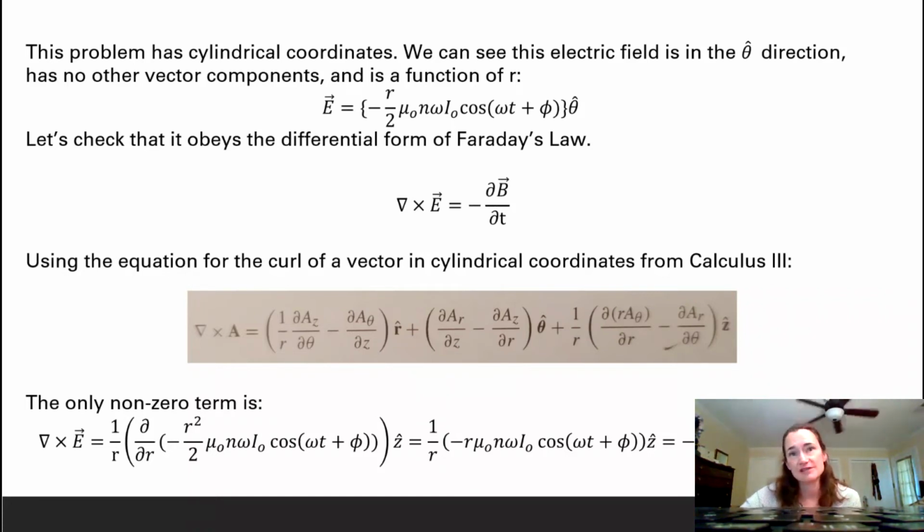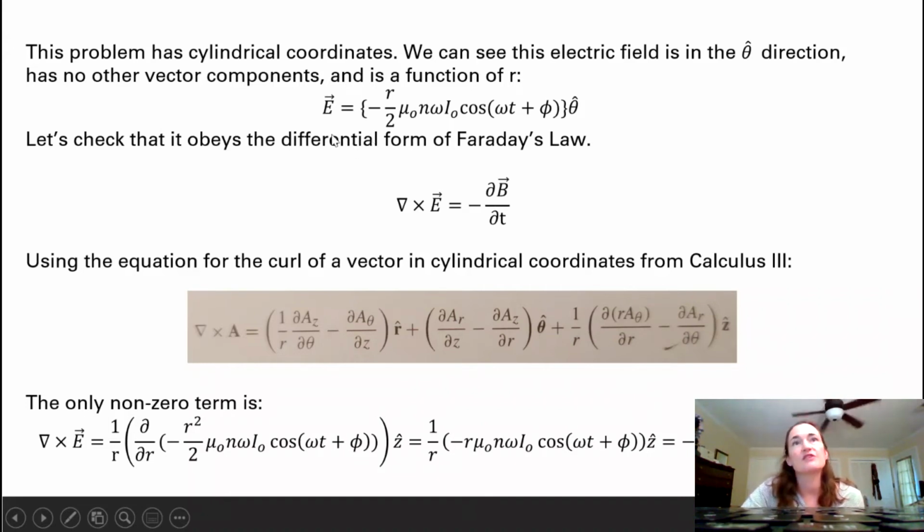Now, this one leaves it generic and calls it A, okay? Ours is E. We're going to find the curl of our electric field. So now I'm taking the function that I've defined up here for E, and I'm taking the curl of it according to this equation right here. We can see that we would have E z, E theta, E r terms. Well, since the E r and E z terms are automatically zero, a lot of terms are zero trivially, okay?